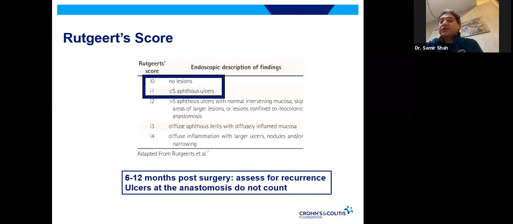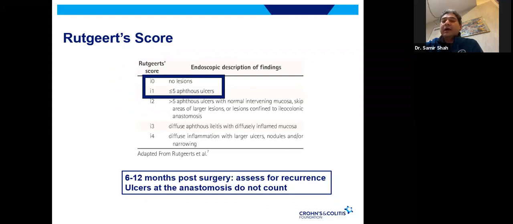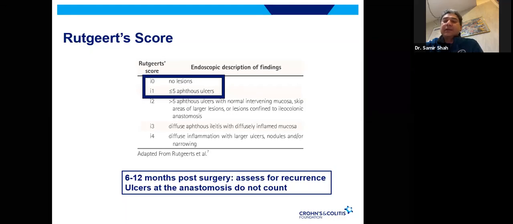If we see no ulcers or less than 5, that's a Rutgeerts score of 0 or 1, and that correlates with a great response. If it's higher, those patients are likely to develop symptoms and relapse, so we consider increasing therapy. We usually do this 6 to 12 months after surgery to assess for recurrence. Next slide.